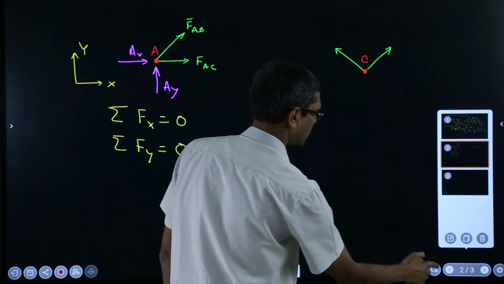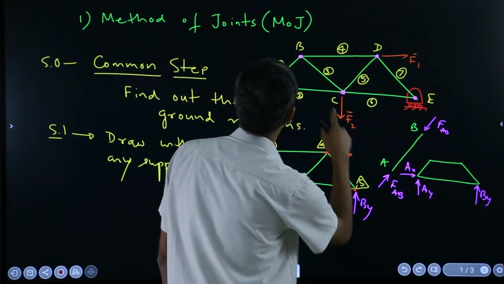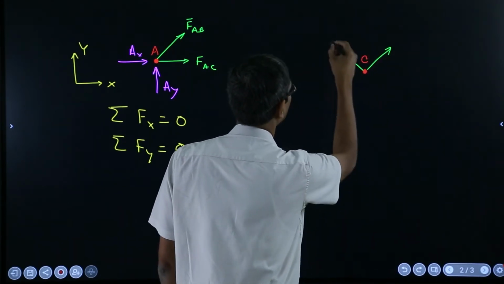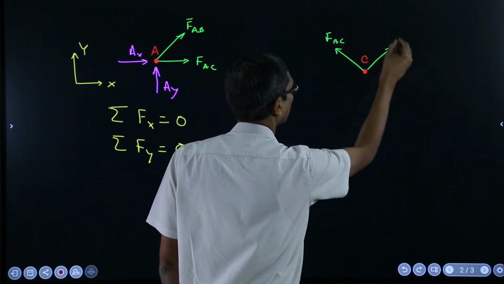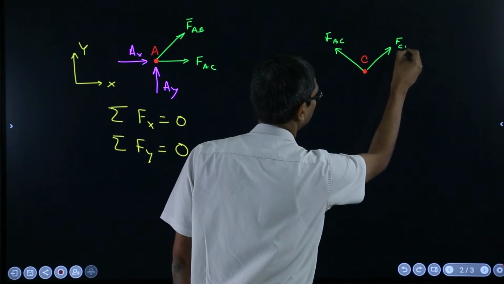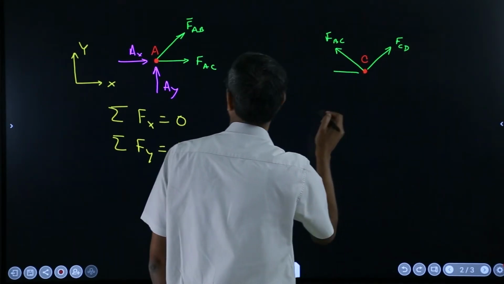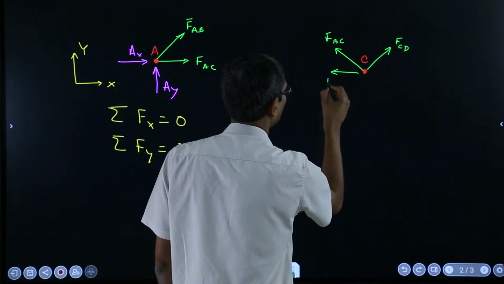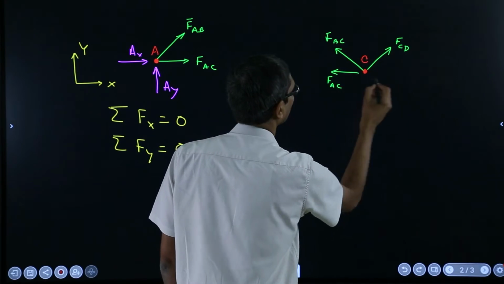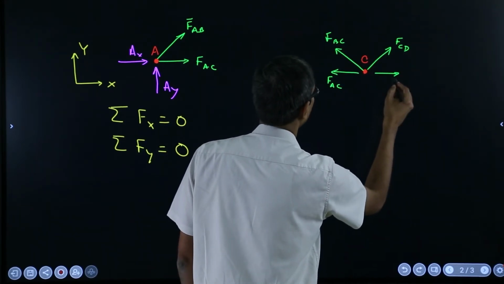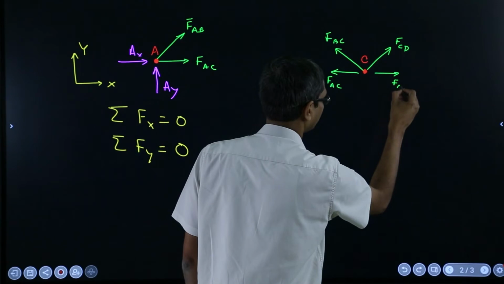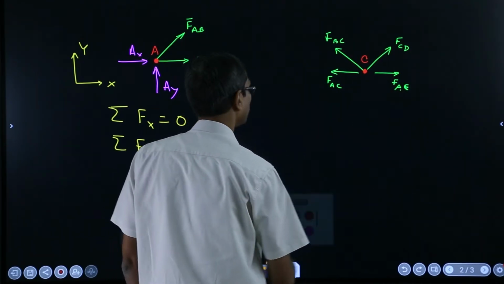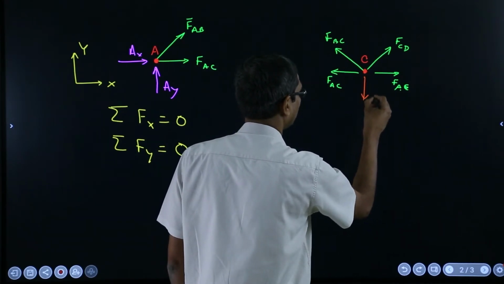So this is BC and then this is CD, right? So this is FBC, then this is FCD, and here we had chosen this to be tensile, so this also will be tensile here. So this FAC, and here we will assume that it is FAE, and perhaps there is another force which is externally applied, which is F2.